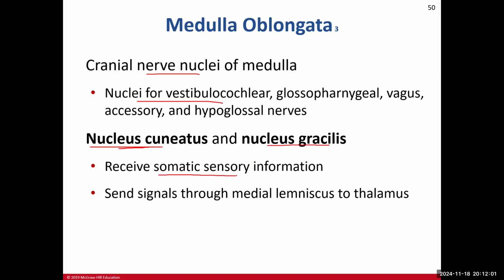Things like vibration is one of the sensations that is going to travel to these two structures. So when you feel something vibrate, like your cell phone in your back pocket on silent that starts to vibrate, that sensation is going to travel from your sensory nerves, from that area where your cell phone was.